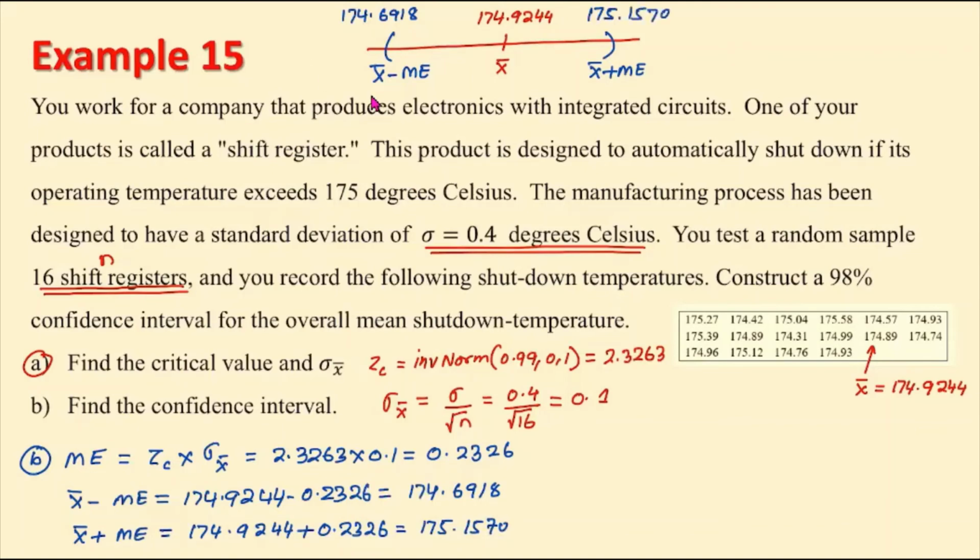So we can say that the confidence interval is between these two values, or we can say with 98% confidence that the true mean lies between those two values.